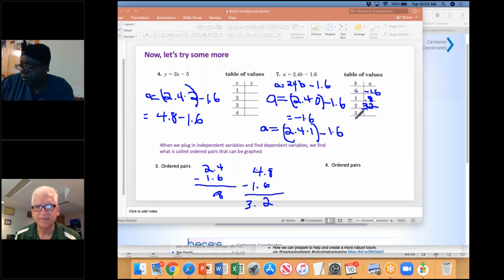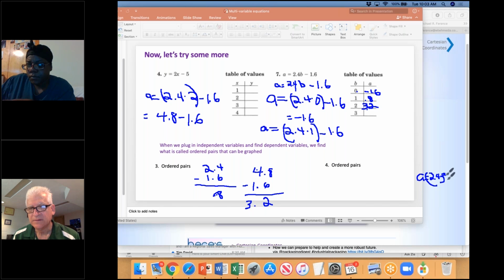And finally, 3. I think I can write over here. So A equals 2.4 times 3 minus 1.6.